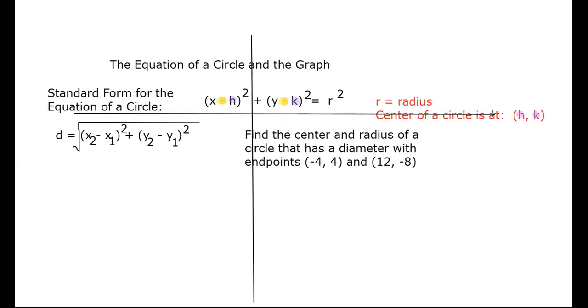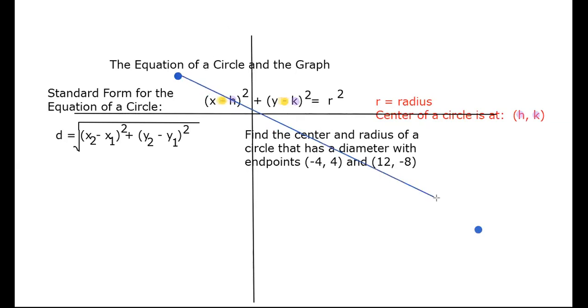So if I were to graph these points, I would be looking something like this. 12 over and 8 down. And then -4 and 4. This would be what my circle is.